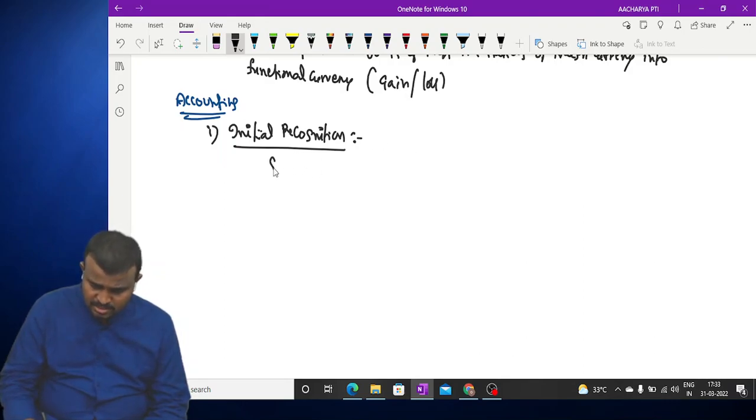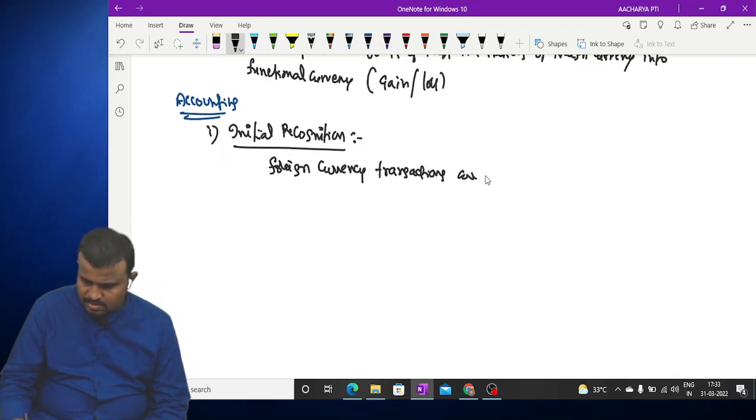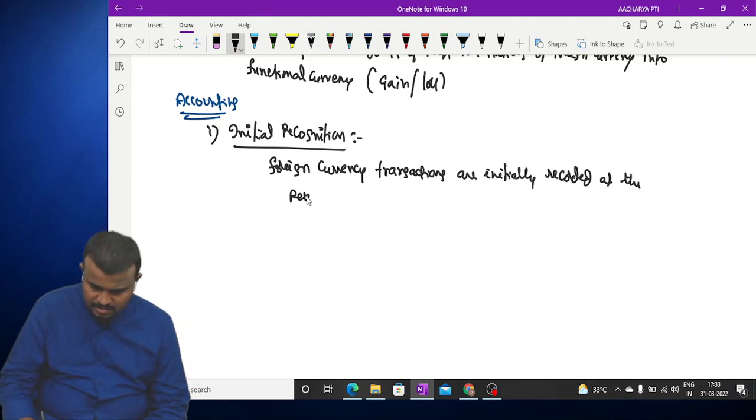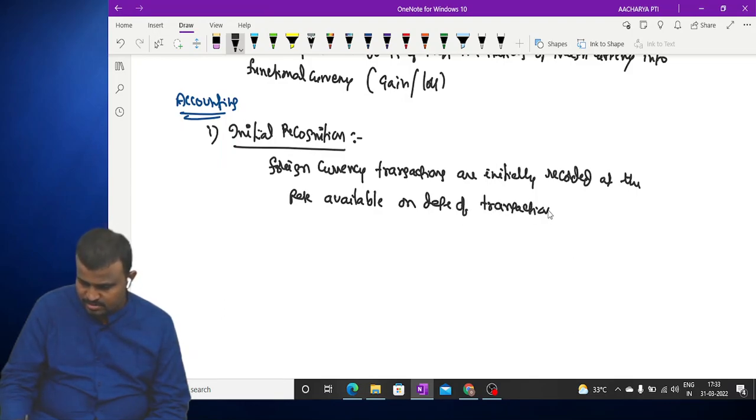Coming to the initial recognition, the foreign currency transactions are initially recorded at the rate available on the date of transaction, or average rate.